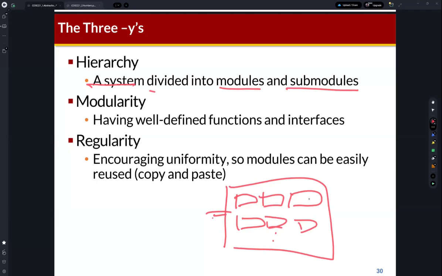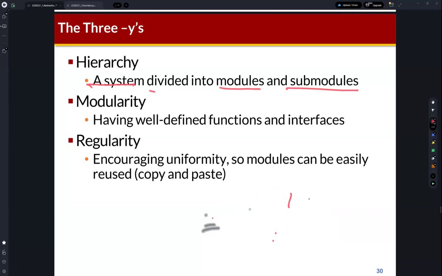Okay, so we can find some hierarchy here. And this is called hierarchical design. This complex system can be divided into simpler, smaller sub-modules. Then we can build the system more easily, right? This is the hierarchy.